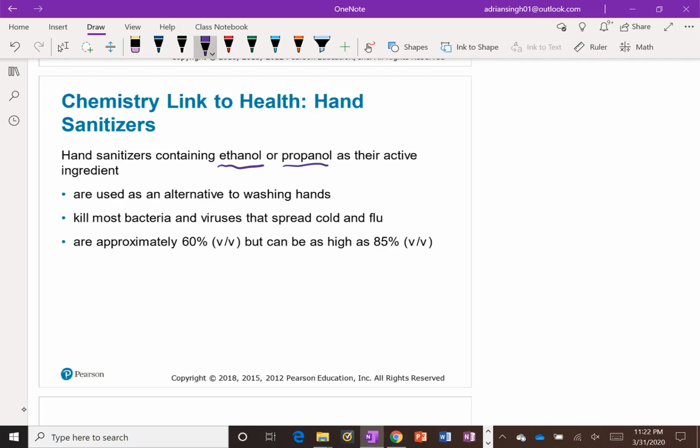In the absence of soap and water, you can use these alcohol-based hand sanitizers to neutralize or kill the bacteria and viruses that are on your skin. Typically they're made up of, at minimum, 60% by volume of the alcohol, whether it's ethanol or propanol. But it can be much higher than that, up to about 85% by volume of the alcohol.